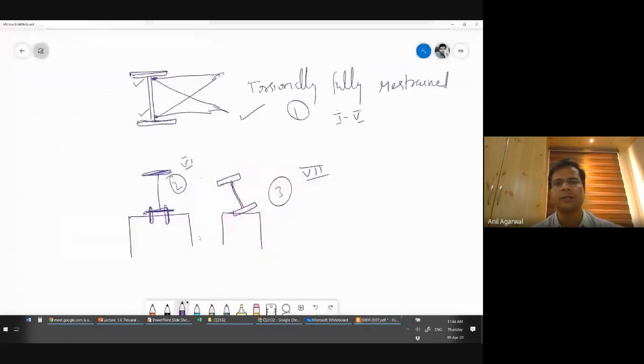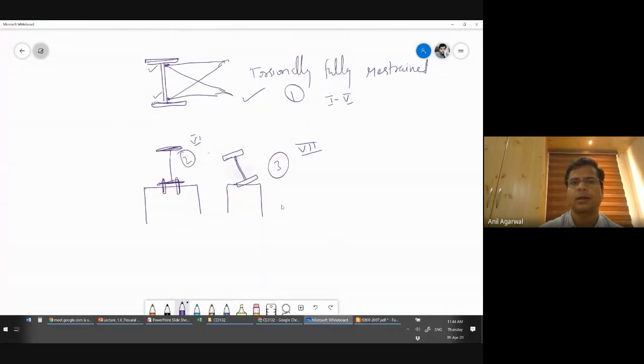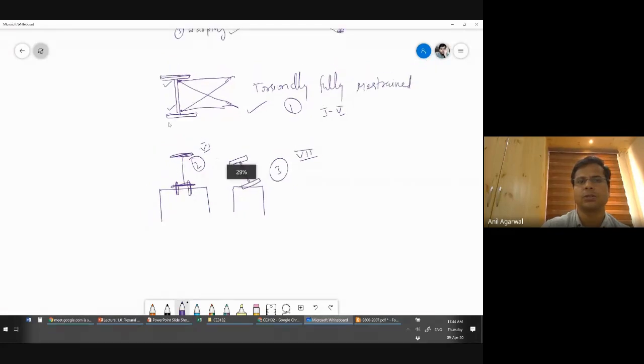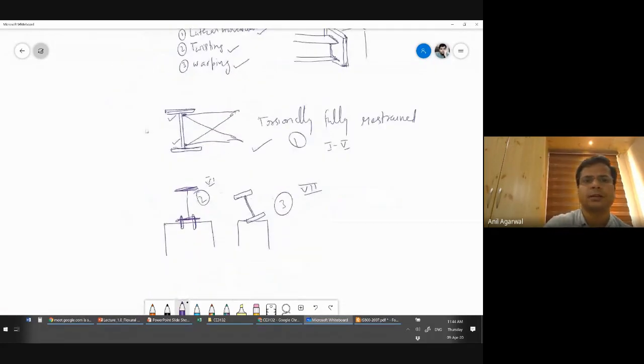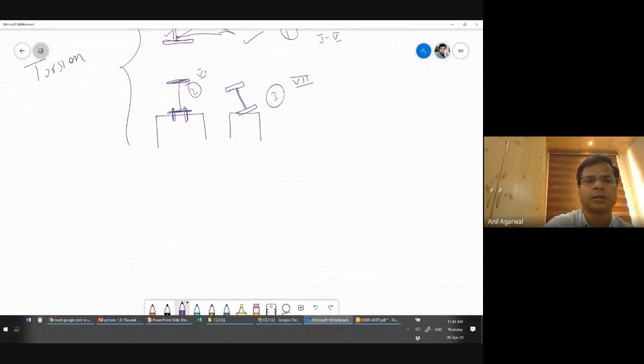So basically what it is saying, there are again 3 categories for warping. These are the 3 categories for torsion restraint. Then there would be 3 categories of warping.